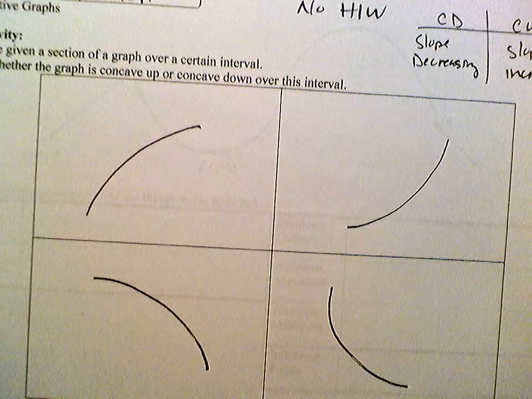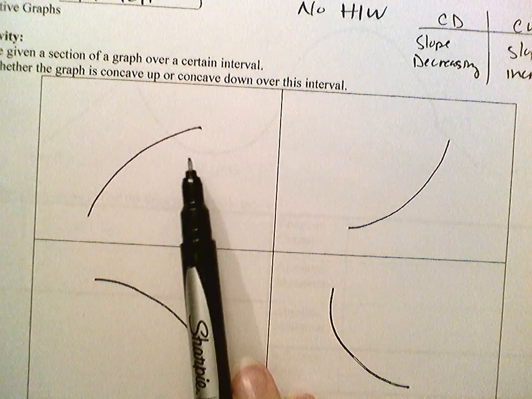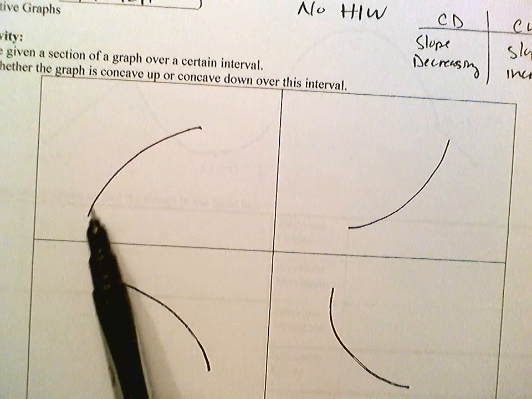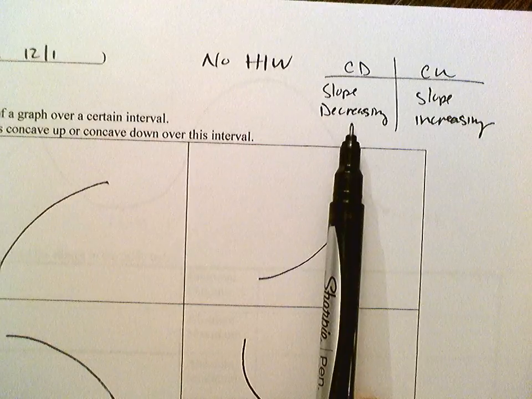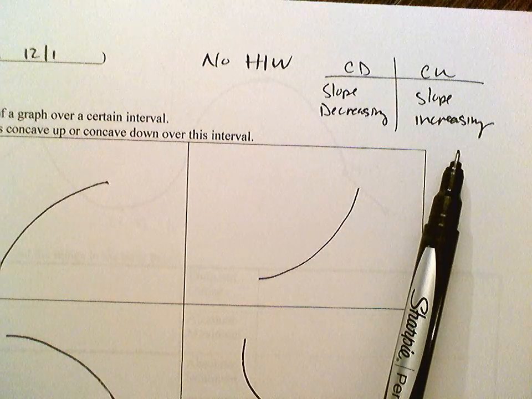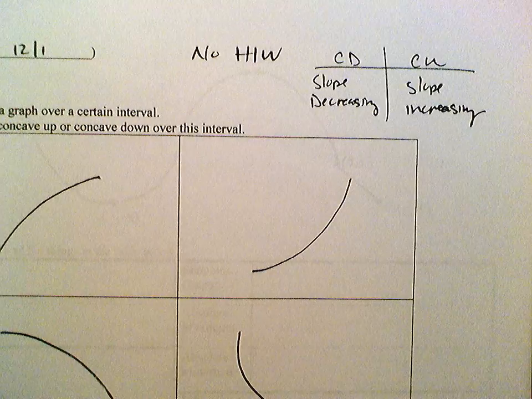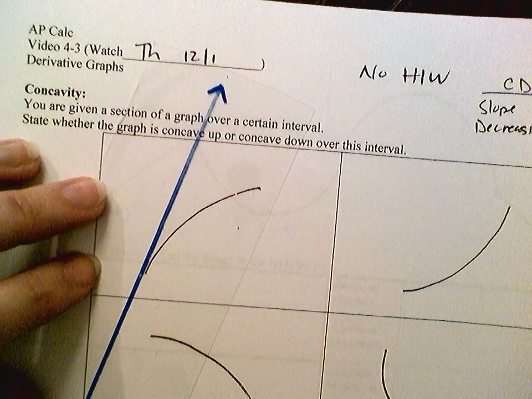For this first one, I've got to ask myself, as I move along the graph from left to right, is the slope of the tangent line decreasing or increasing? If it's decreasing, then the graph will be concave down. If it's increasing, it will be concave up. I'll start here.